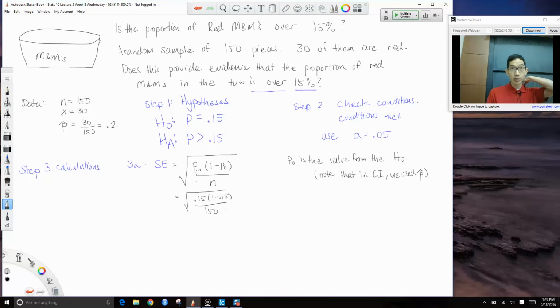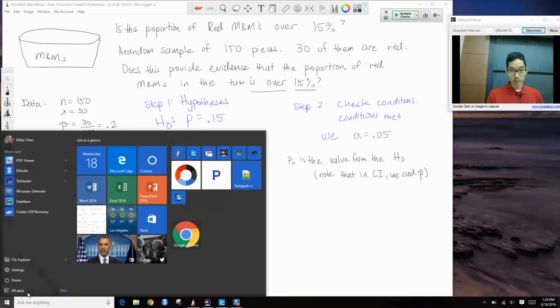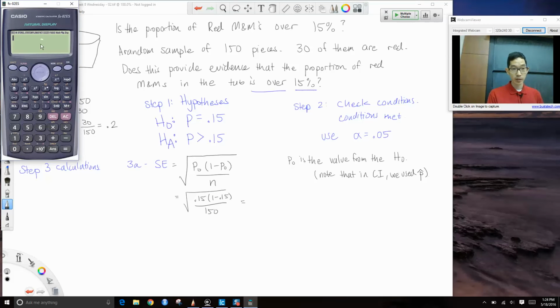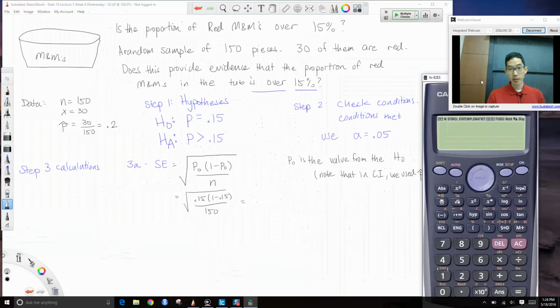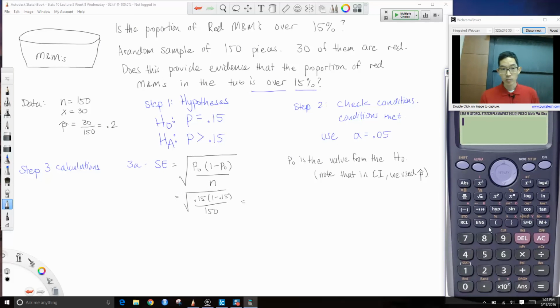Okay, so we use P0, the value in the null hypothesis, and not our p hat. So when we do these calculations, we've got 0.15 times parentheses 1 minus 0.15 divided by 150. Okay, that's that, and then we're going to take the square root of this number, and I get 0.02915.